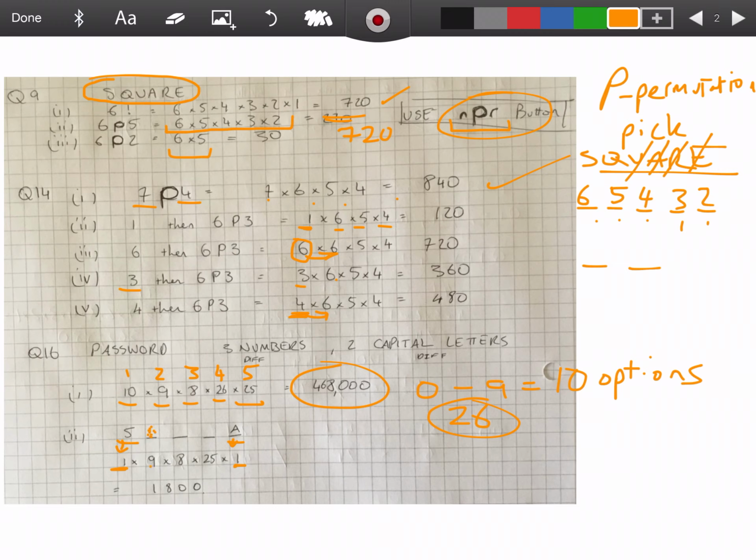So there's 9 of the 10 I can pick. Then there's 8 of the 10 I can pick left over, because 5 and another number have been used already. And A is going to be used, so there's only 25 options to pop into here. So you can see I've got 1 by 9 by 8 by 25, and that gives you 1800 options that start with 5 and end with A.